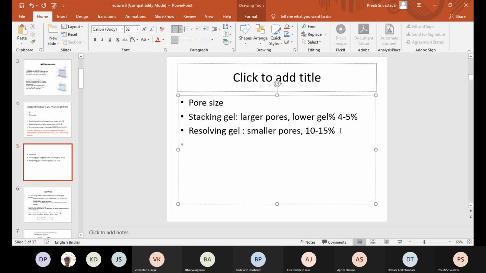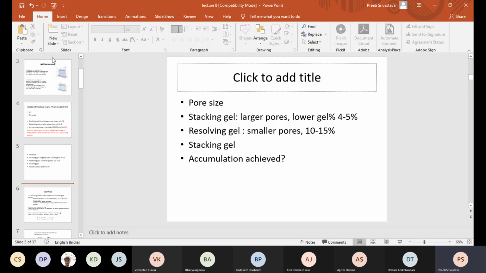Okay. The question is, why is the term stacking used and why is the term resolving used? Any idea? Ma'am, stacking is basically they first accumulate in one place, and in resolving, using the smaller pores, they can have a better separation of the proteins. Yes, but how is this accumulation achieved? Have you studied this or no?